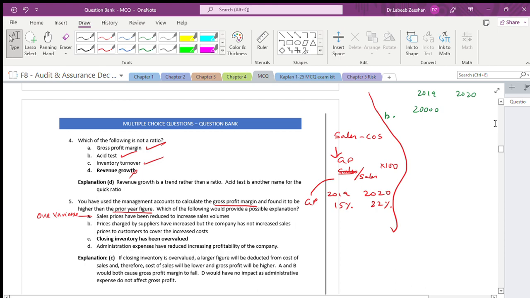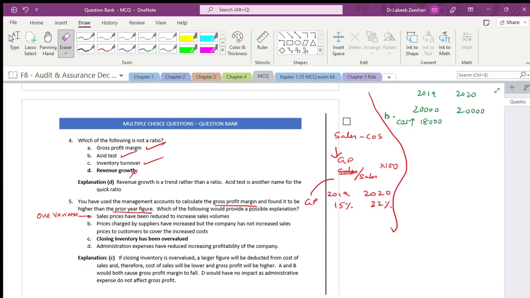Now, prices charged by suppliers have increased, but the company has not increased the sales, so sales remain the same. But what happened?